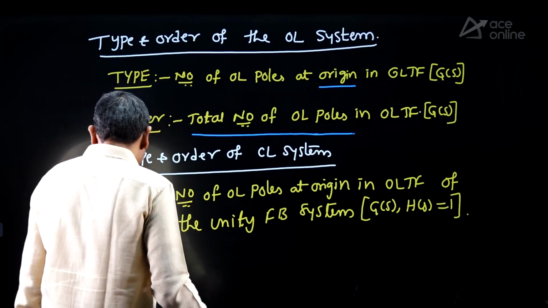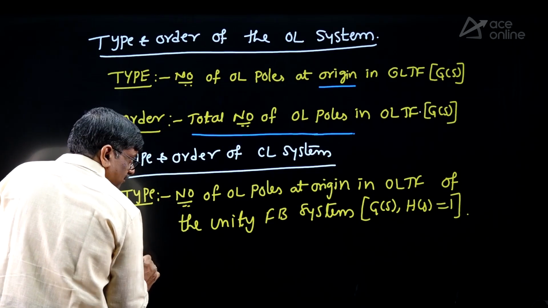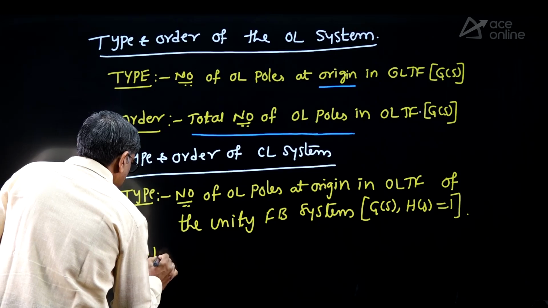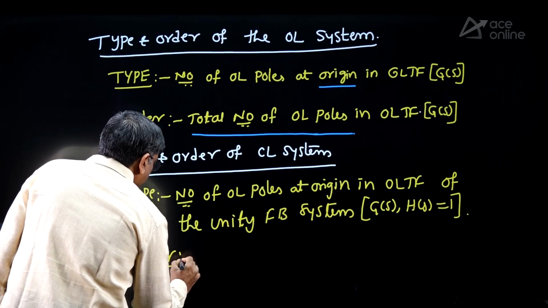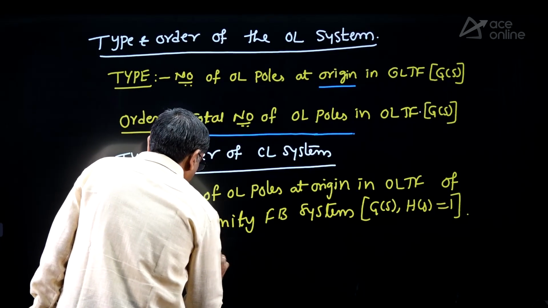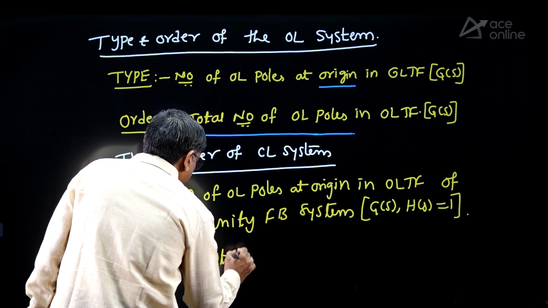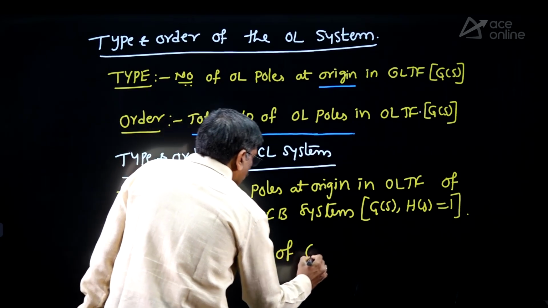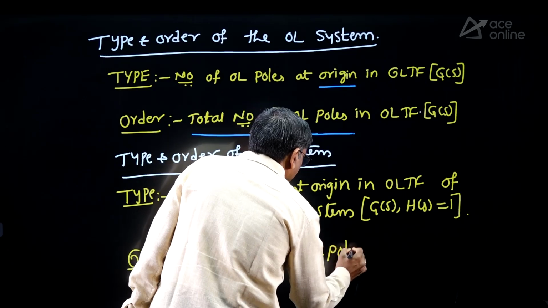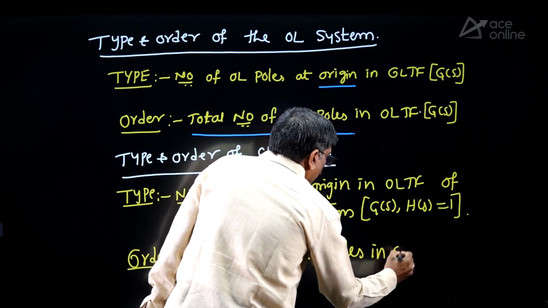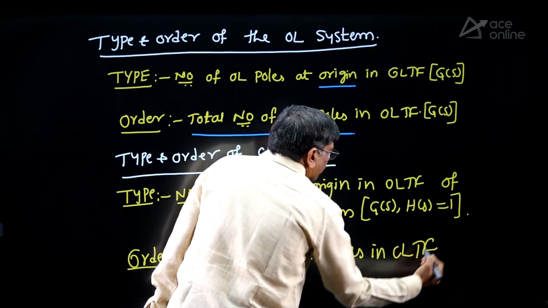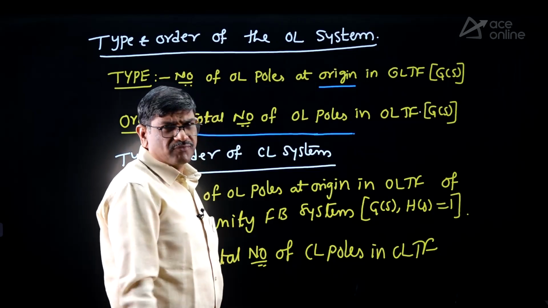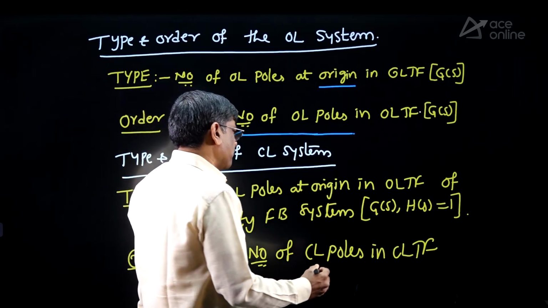Whereas if you take the order of closed loop system, what is the order? Total number of closed loop poles in the closed loop transfer function. That means for order, we require to check the closed loop transfer function.